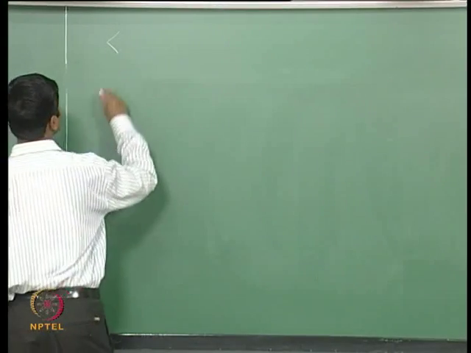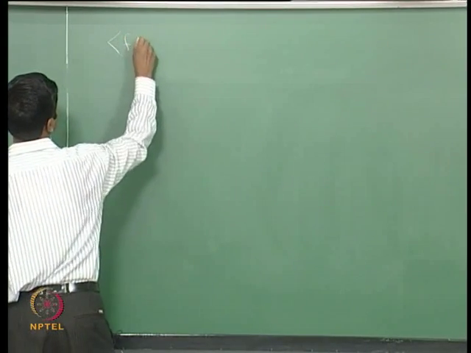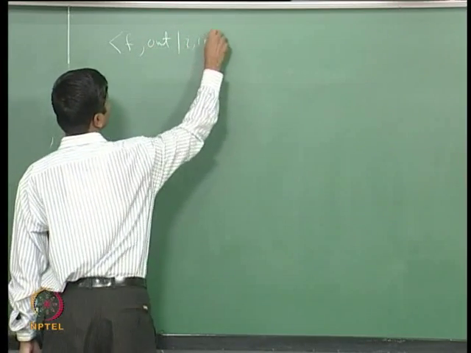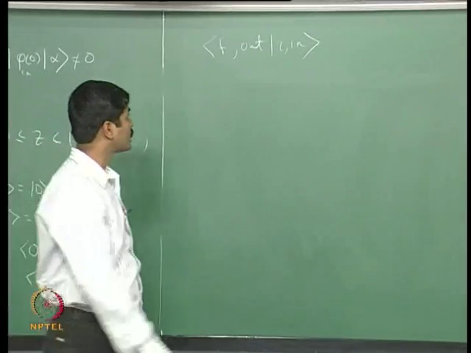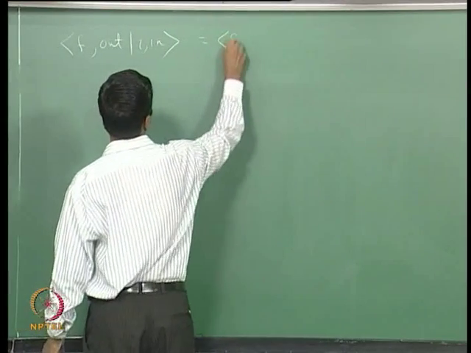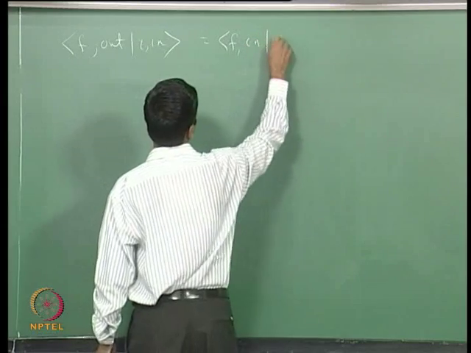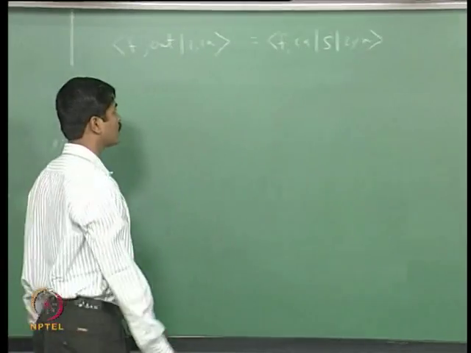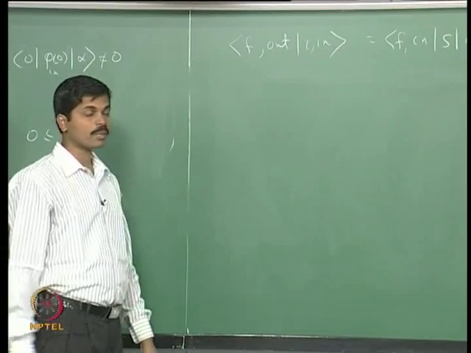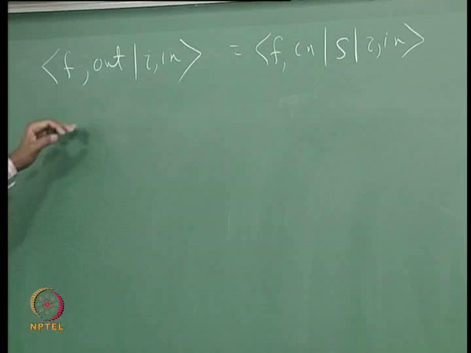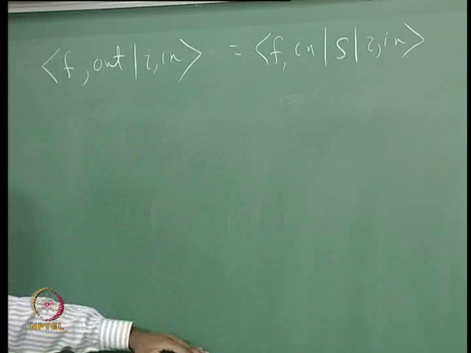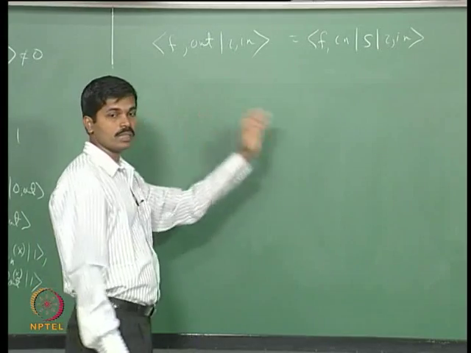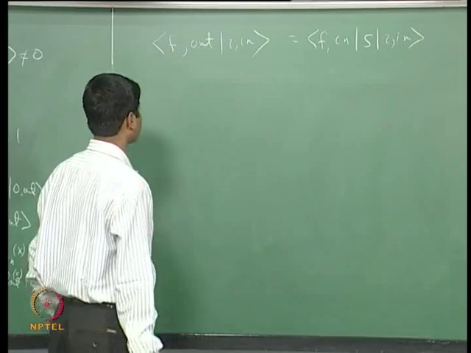So, let us say some transition amplitude which is also some matrix element of the S matrix, and we will do some manipulation and we will express this quantity in terms of the n-point correlation functions.